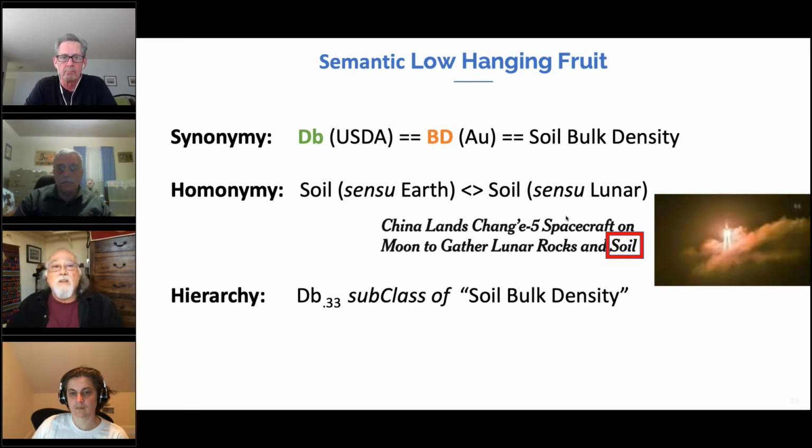So it was funny, the other day, Dave and I were talking, and he was reassuring me that capital D, little b, that means bulk density. But then when I was exploring around, I found out, well, in Australia, it's capital B, capital D. That's what they call bulk density over there. So you show a soil researcher, and immediately they understand soil bulk density in the context of USA or Australia.